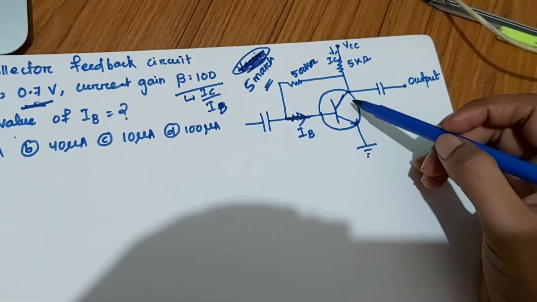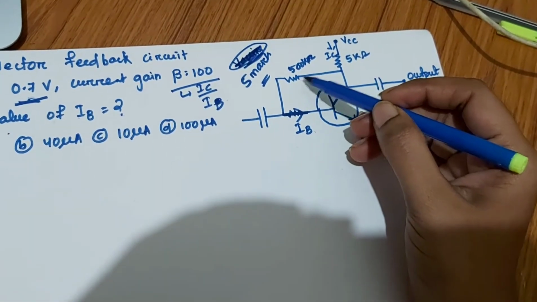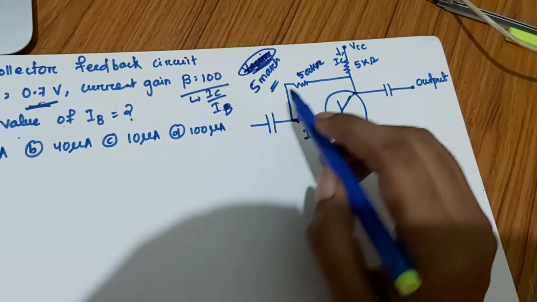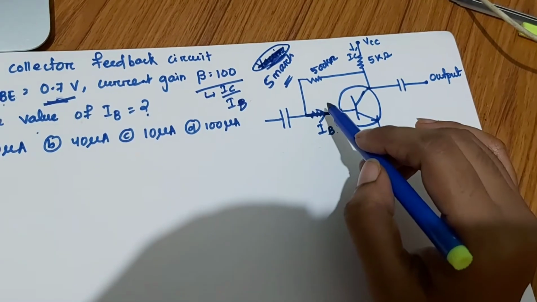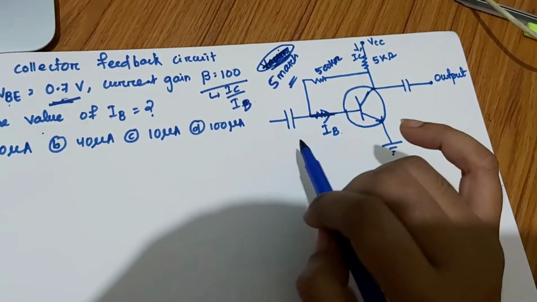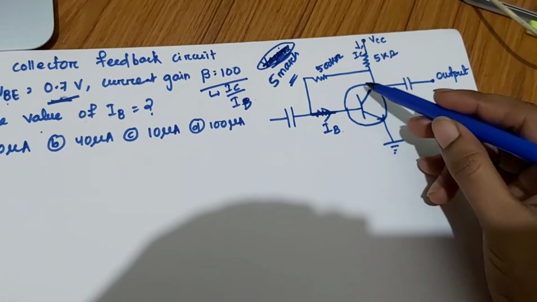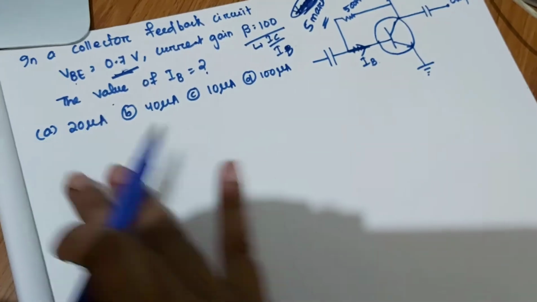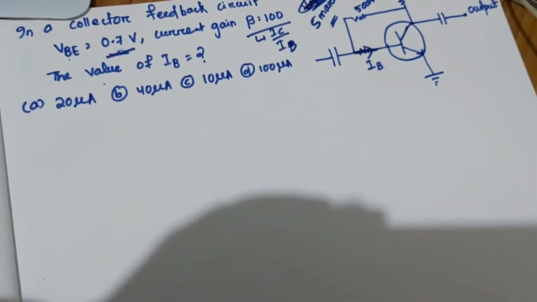This is the resistor that is connected between the base and the collector, so this is a feedback circuit, a base biased feedback circuit. This is called biasing, and this is the transistor.